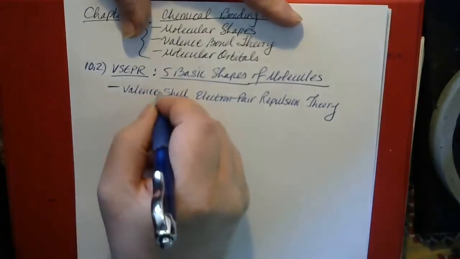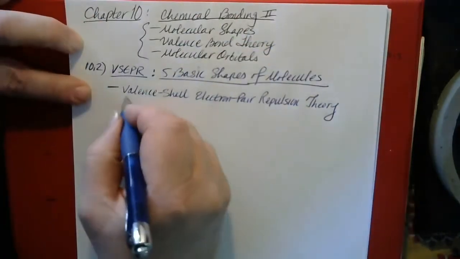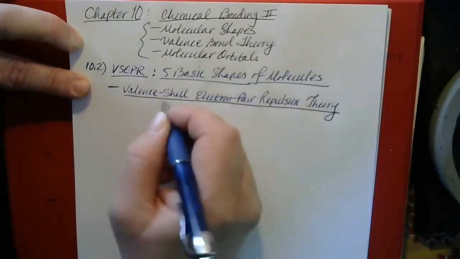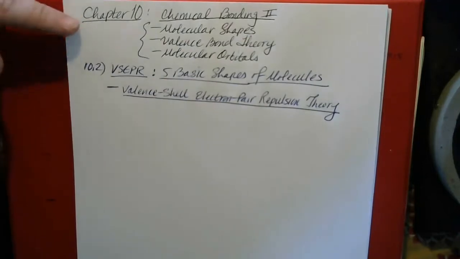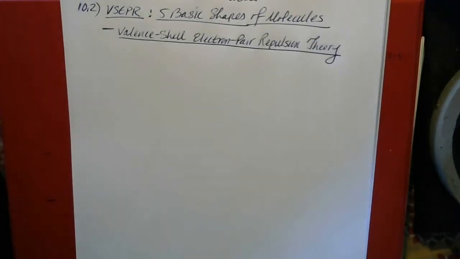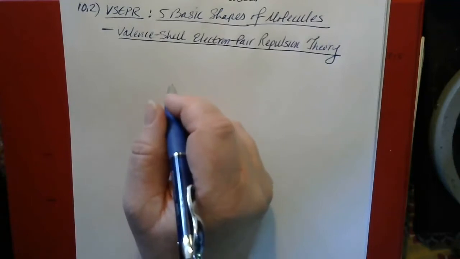And VSEPR stands for valence shell electron pair repulsion theory, which is a bit of a mouthful, and that's why they call it VSEPR.